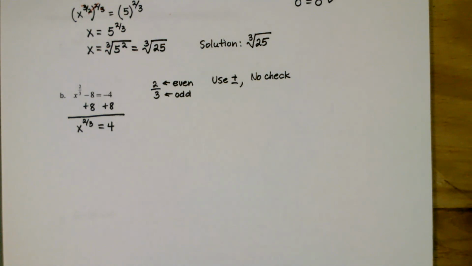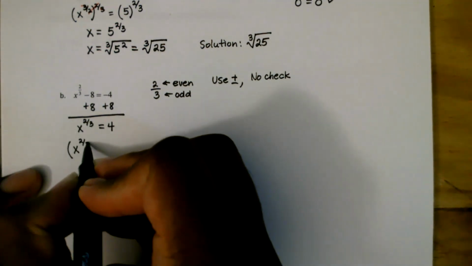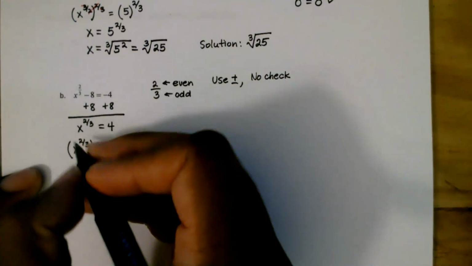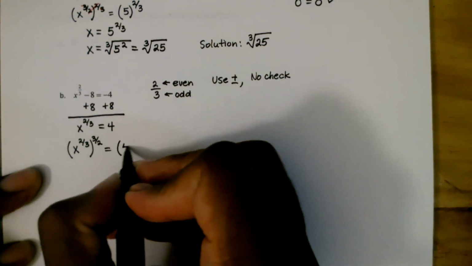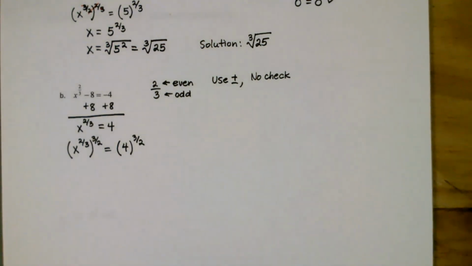Since I got that rational part by itself, what I need to do here is raise both sides to the power that's the reciprocal of this. The reciprocal of 2/3 will be 3/2. And that 4 is going to be to the 3/2 power as well.